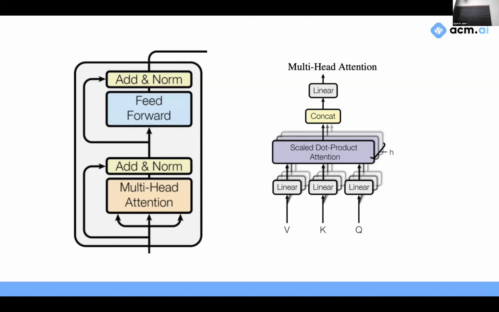You have the query, key, and value. Each one of these is literally just a linear layer that transforms the vector into something else. You do the scaled dot-product attention, which is the dot product of the query and key to get the similarity, and those are used as weights to sum the values. Then you concatenate all those together to get a linear projection.